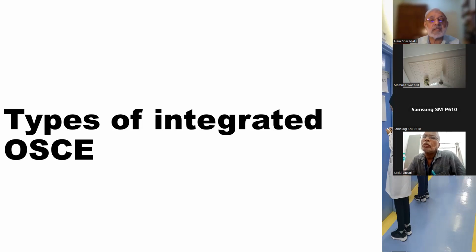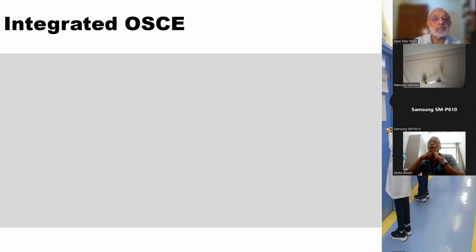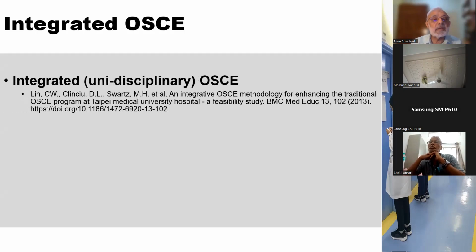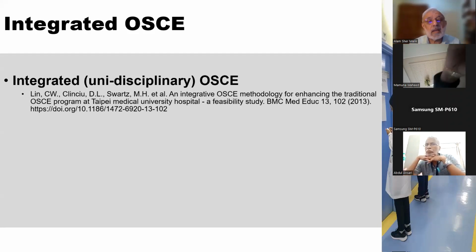And it seems that integrated OSCE may be a valid, reliable, and feasible alternative to traditional OSCE to overcome many of the issues which we face during traditional OSCE. So we will go through the details of integrated OSCE, and first are the types of integrated OSCE, and I will give detailed examples of these types.